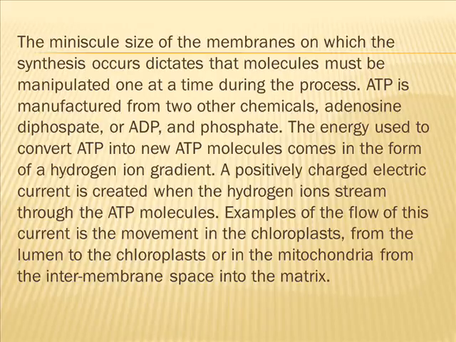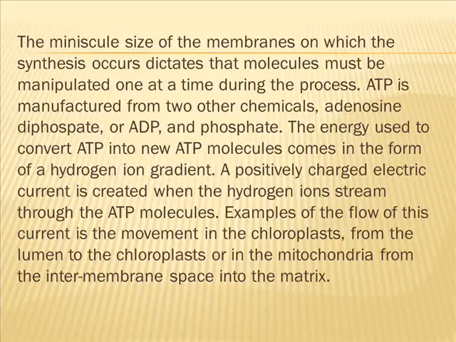The minuscule size of the membranes on which the synthesis occurs dictates that molecules must be manipulated one at a time during the process. ATP is manufactured from two other chemicals, adenosine diphosphate or ADP, and phosphate. The energy used to convert ADP into new ATP molecules comes in the form of a hydrogen ion gradient.